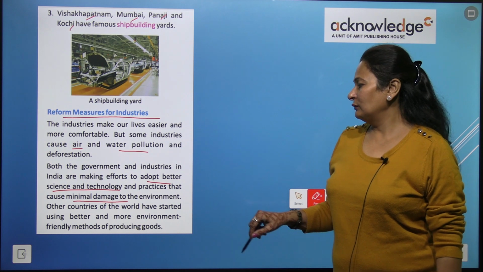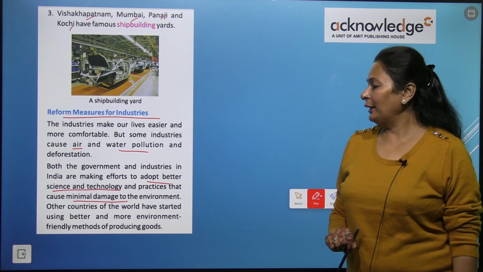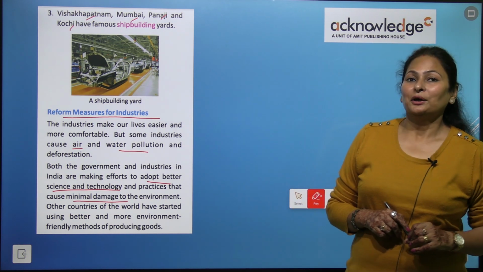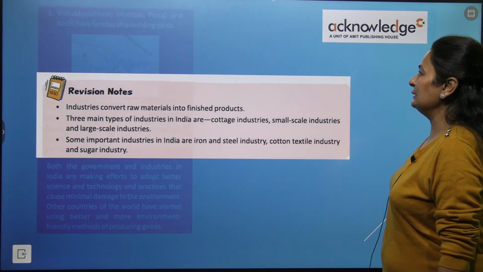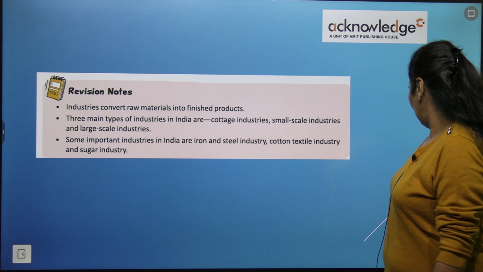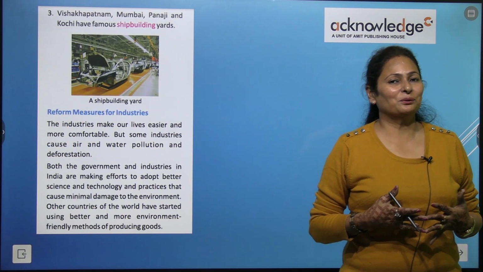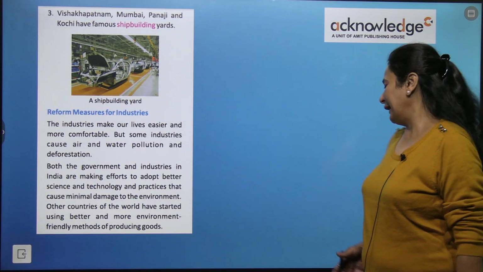Other countries of the world have started using better and more environment friendly methods of producing goods. So, cost is also involved in adopting these technologies. So, government and industries are working so that pollution can be minimized, right?